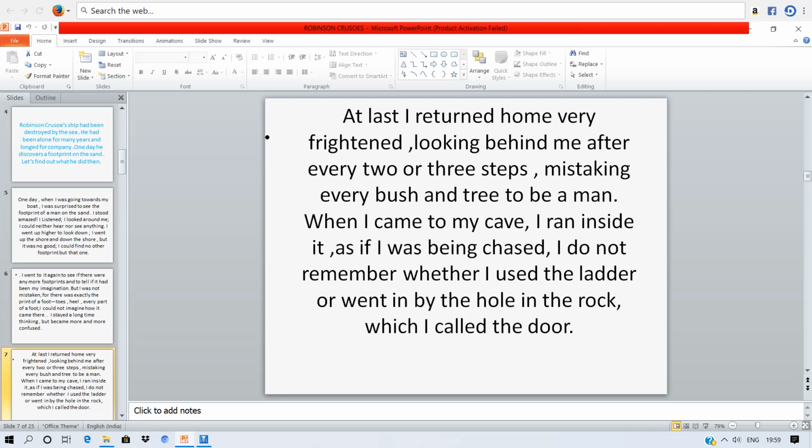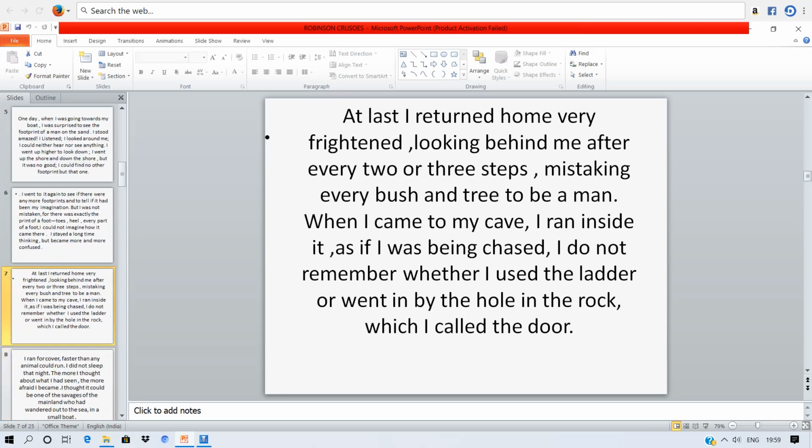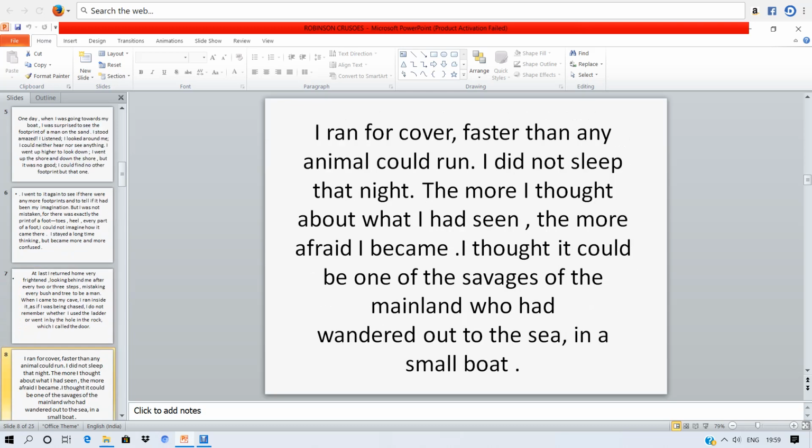When I came to my cave, I ran inside it as if I was being chased. I do not remember whether I used the ladder or went in by the hole in the rock which I called the door. I ran for cover faster than any animal could run.